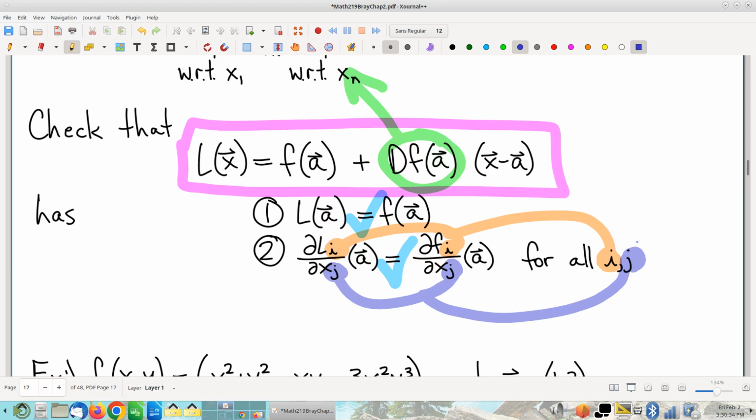Now, the way I want you to confirm this, I don't suggest that you do this in general, no matter how many different inputs or outputs. It would just be notationally clunky, and you can get the big idea by picking some reasonable small values. So I would encourage you, for example, to let f have 3 input variables and 2 output variables.